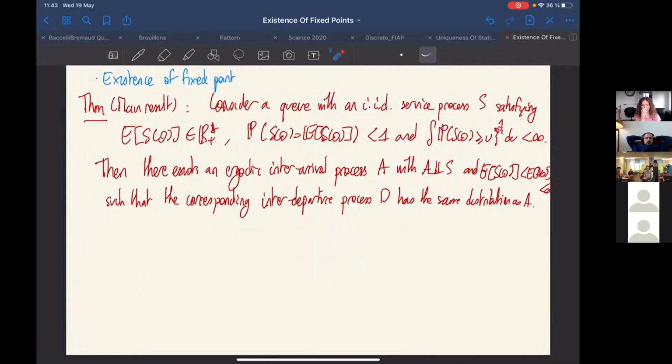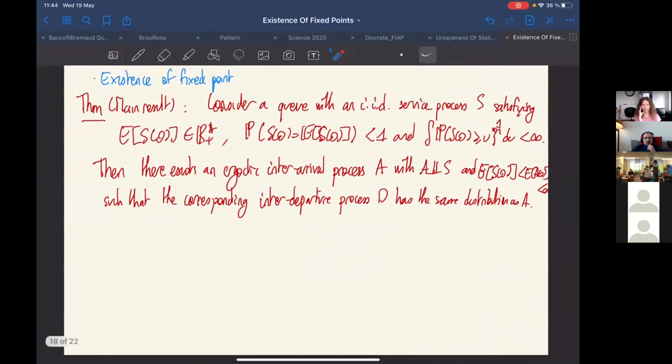If you consider a queue with an i.i.d. service process S, which has finite mean, non-constant service times, and an integrability property, then there exists an ergodic inter-arrival process independent from the service times, satisfying a stability condition, such that the corresponding inter-departure process has the same distribution as the inter-arrival process. This is a definitive proof of the existence of the fixed point.